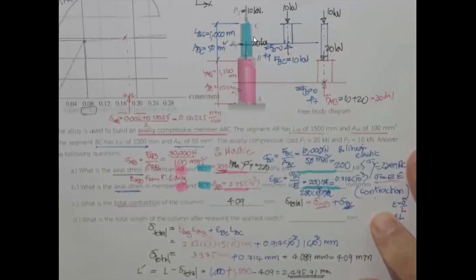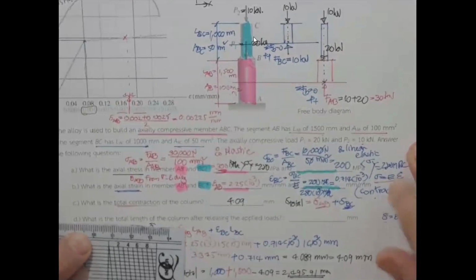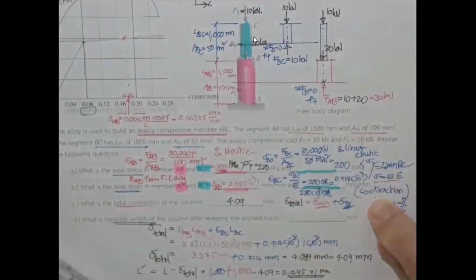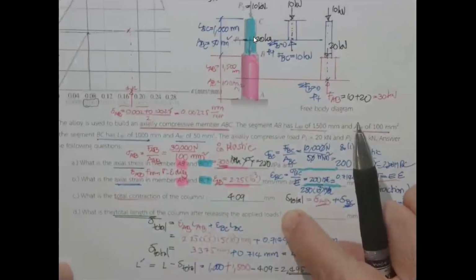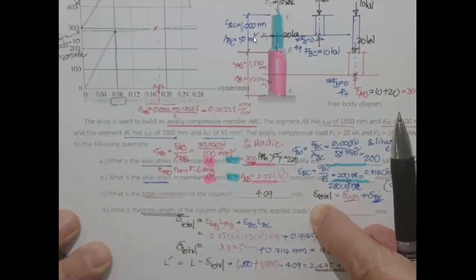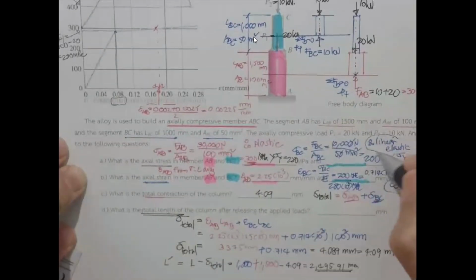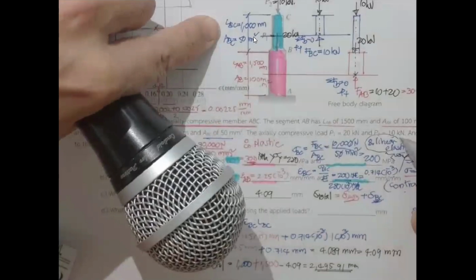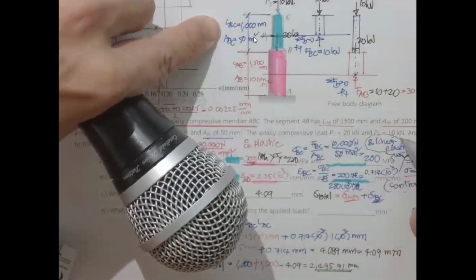Okay. And then next, they ask us for the total length of the column after releasing the applied load. When you release the applied load, this linear elastic portion will return to its original length of 1,000 millimeter.